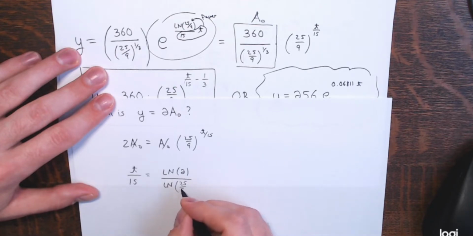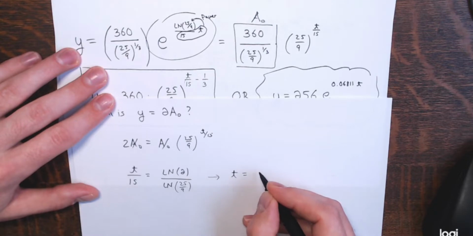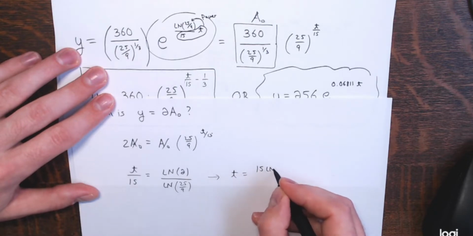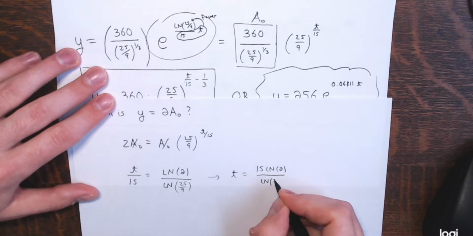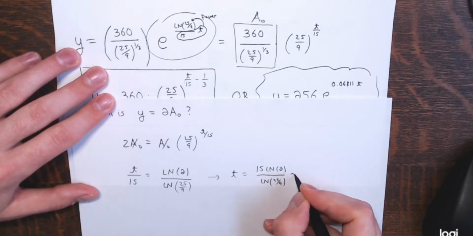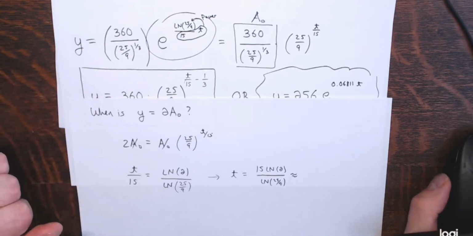And then we just multiply by 15. So the time it takes to double is 15 times the natural log of 2 divided by the natural log of 25/9. And it said to the nearest minute, and time was in minutes, so we're just basically rounding to whole numbers here.